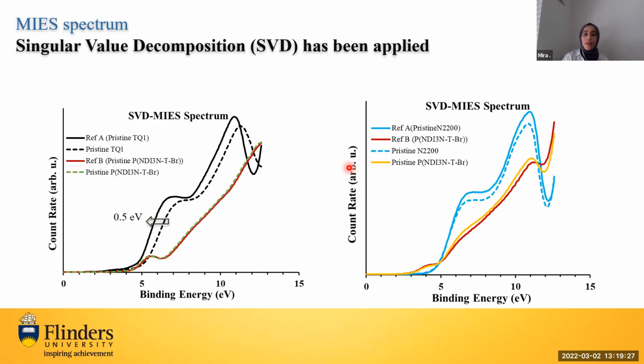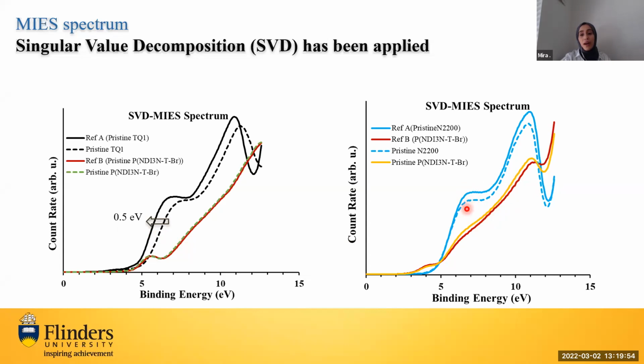So after applying the singular value decomposition, we found also two references, reference A and reference B. Reference A is similar to the TQ1, but also shifted to the lower binding energy by around 0.5 electronvolt. And the second reference is similar to P11, but doesn't show any shift on the energy scale.